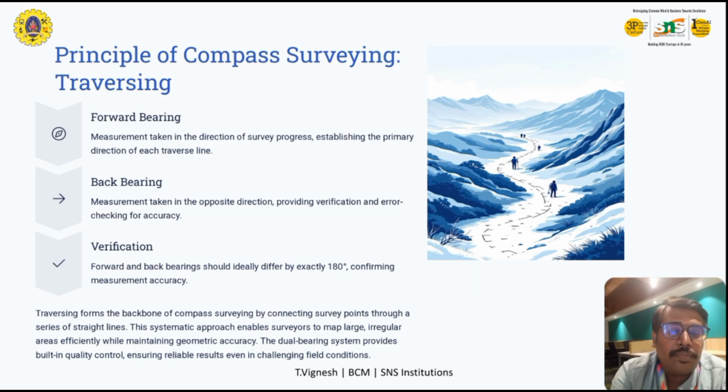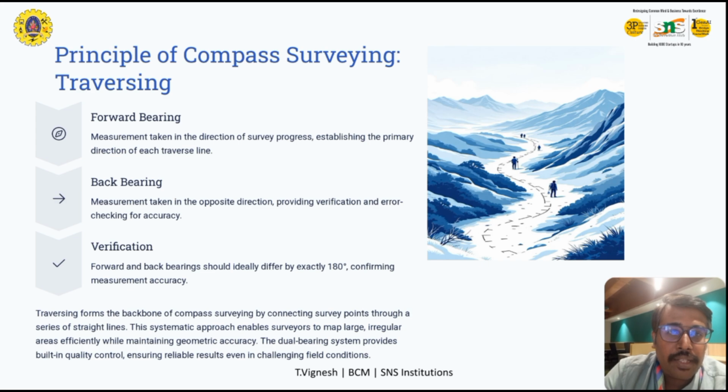The principle of compass surveying is called traversing. The first is the forward bearing: the measurement taken in the direction of survey progress is called a forward bearing. The measurement taken opposite to the direction of survey progress is called a back bearing.